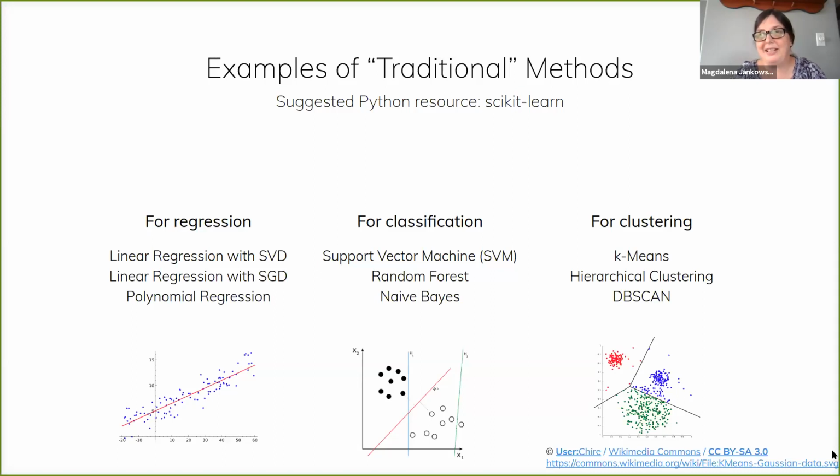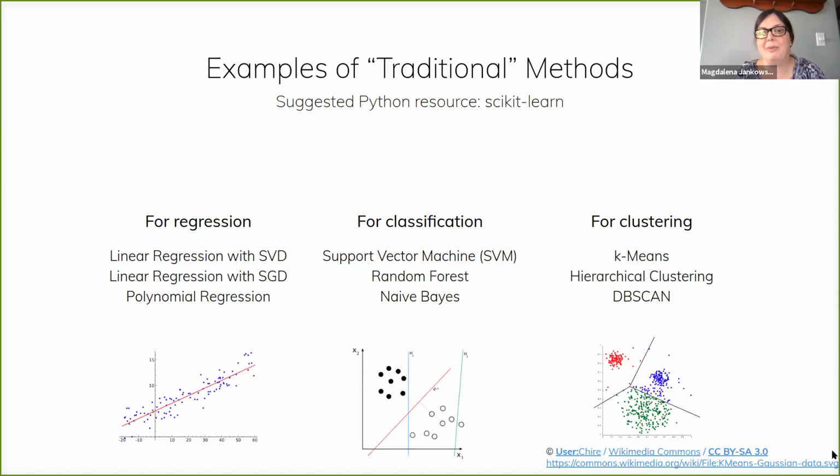I listed on this slide 3 for each of those regression, classification, clustering problems. And I want to make 2 points about them. One is they are not obsolete. They are still very useful, especially for problems that are not so complicated or that have data that is structured and doesn't have a lot of raw features.